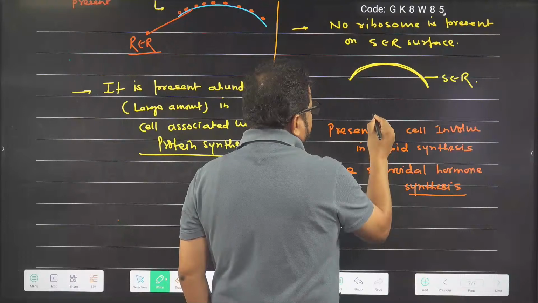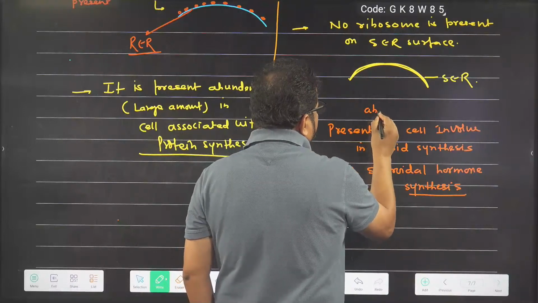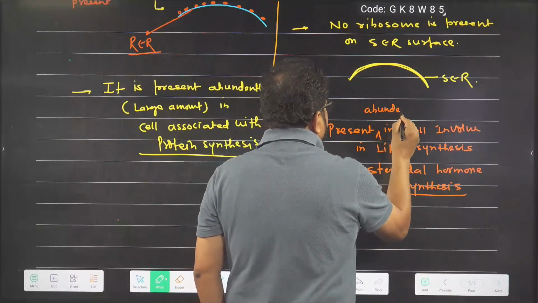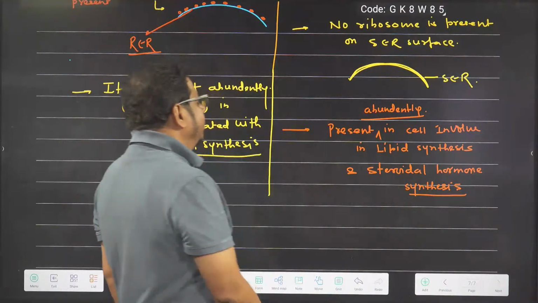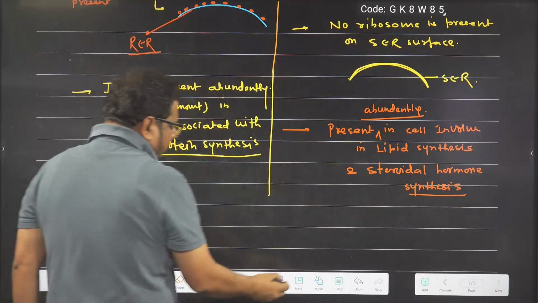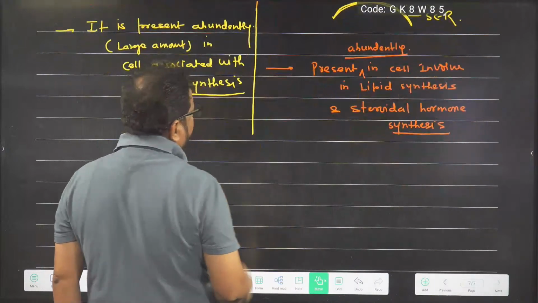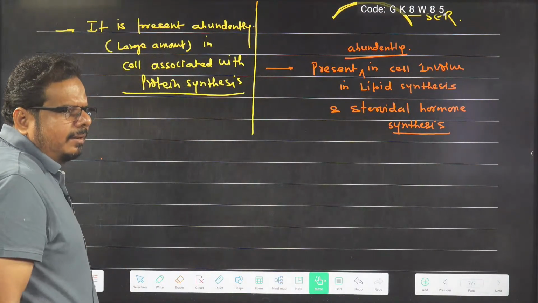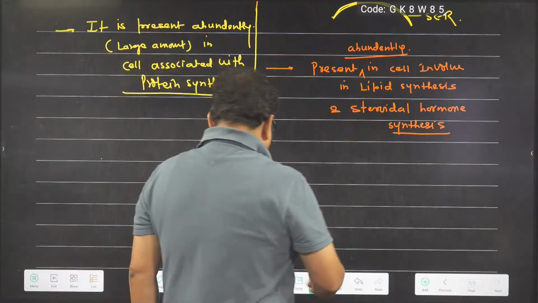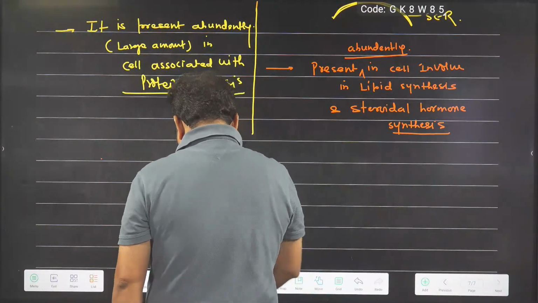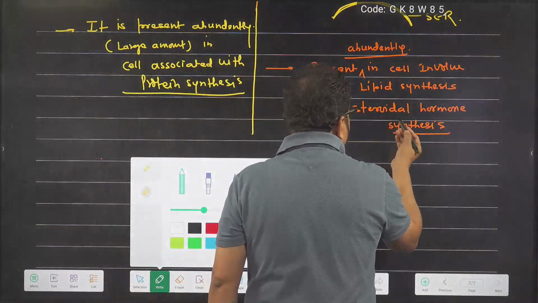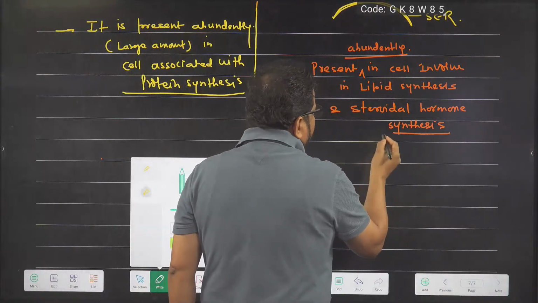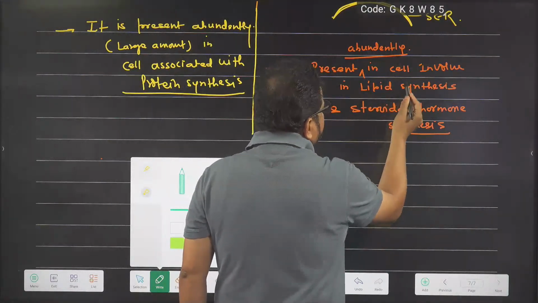Present abundantly in cells associated with lipid synthesis and steroidal hormone synthesis. Are you getting the idea or not? So steroid is a kind of which one? Lipid. So the hormones that are steroidal in nature are also synthesized by which one?